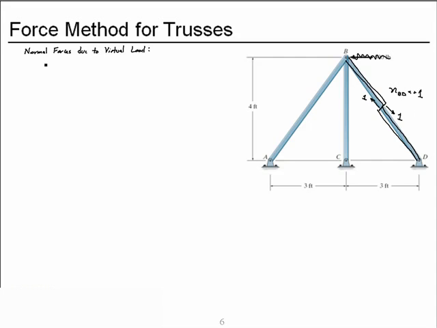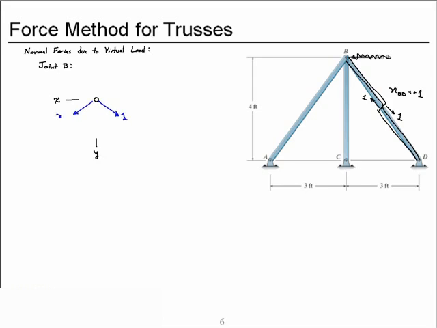Now let's go back and apply method of joints, and we'll look at joint B. Again, I'll take to the left as a positive X and down as a positive Y. I already know that the force in member BD is 1.